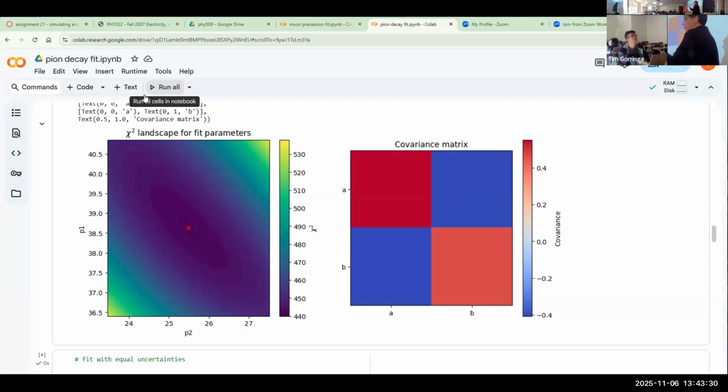Remember, curve_fit returned the covariance matrix, and this is just a picture of it. It's a rather silly one because there are only 4 elements. The diagonals are the squares of the standard deviations, the uncertainties, and these represent the off-diagonal correlations.